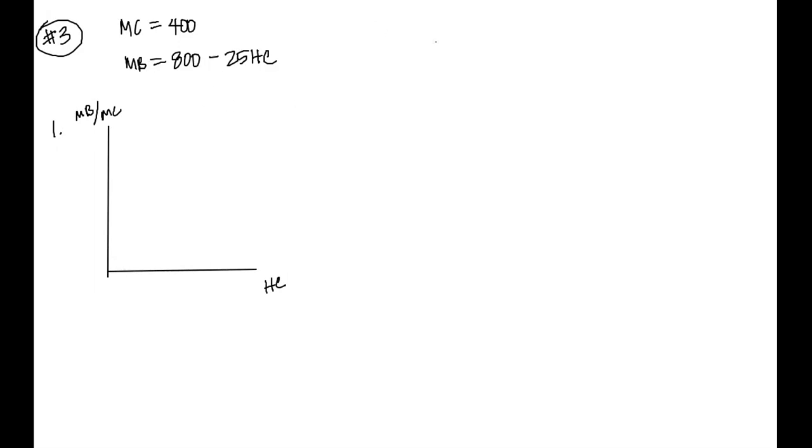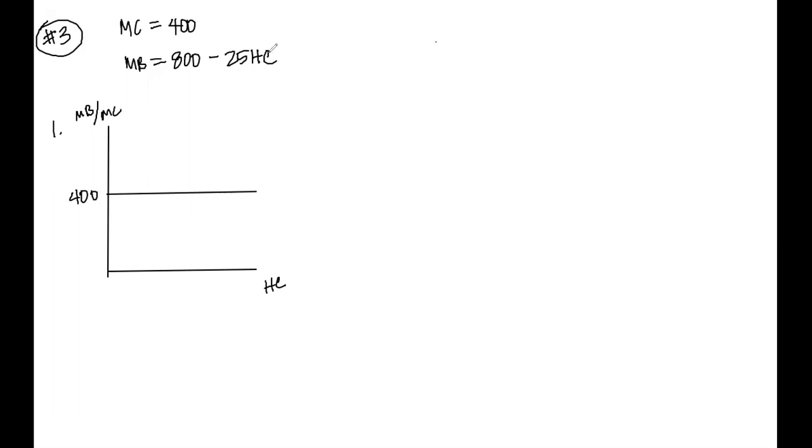So graphing the first equation, MC equals 400. That's just going to be a horizontal line at MC equals 400, because since HC isn't factored into the equation, we know that it's going to be 400 no matter what HC is. And then looking at our second equation, I like finding the intercepts first.